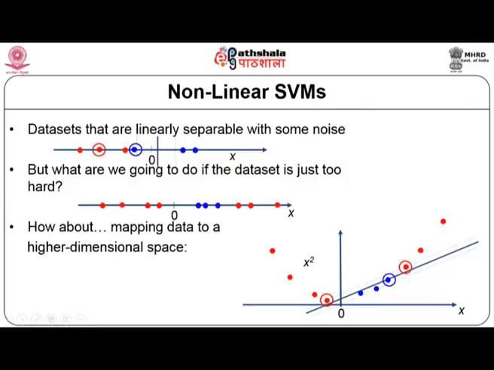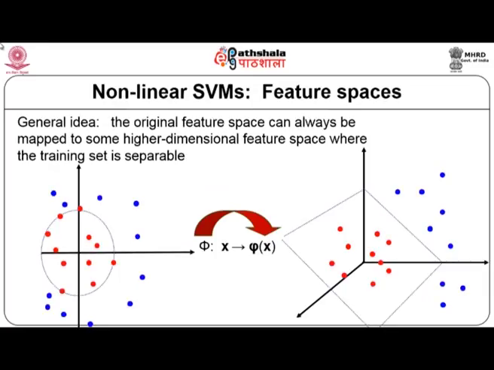If you take this point here, you can see that if you map it to a higher dimensional space, you may be able to make the data linearly separable. The general idea in nonlinear SVMs is that the feature space itself is converted into a higher dimensional space.